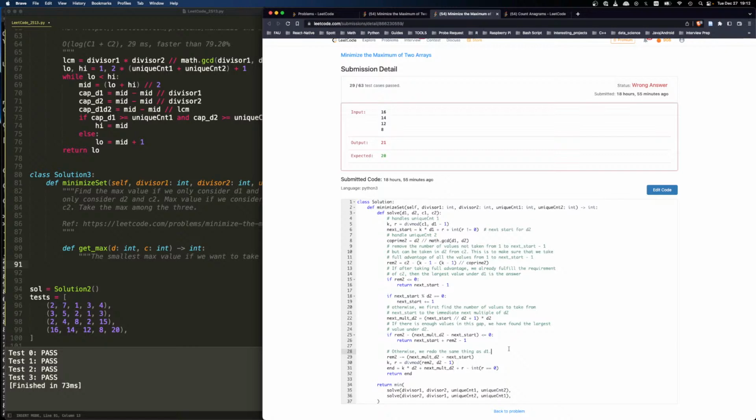Say the unique count is 100. Oh, yes. Now I got it. That's the unique count, okay? So we divide the unique count by this, so we know how many we need, plus all of this, and we'll have the remainder.